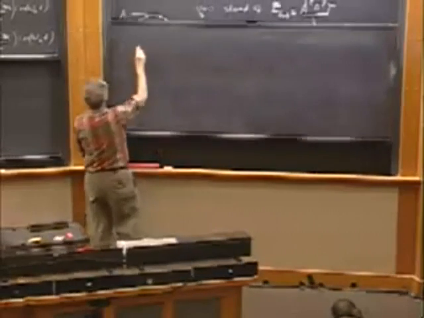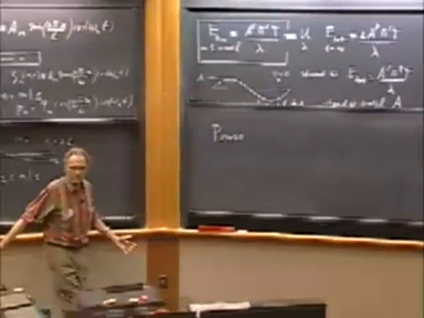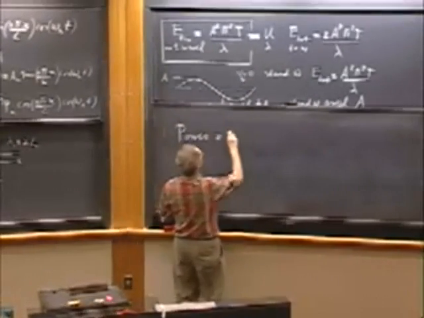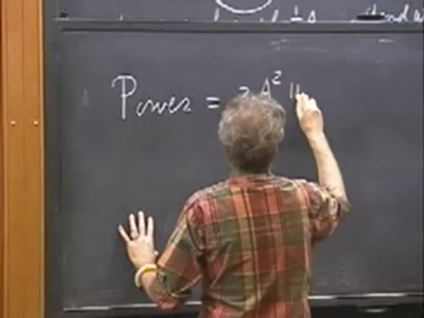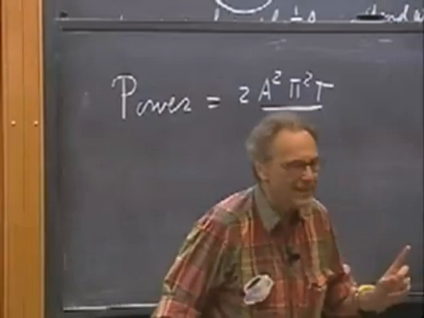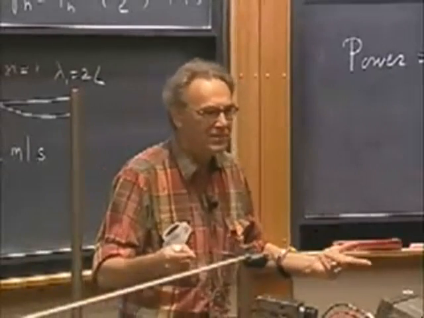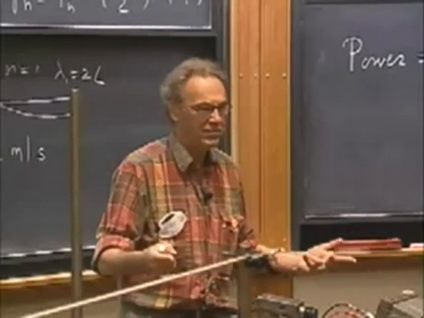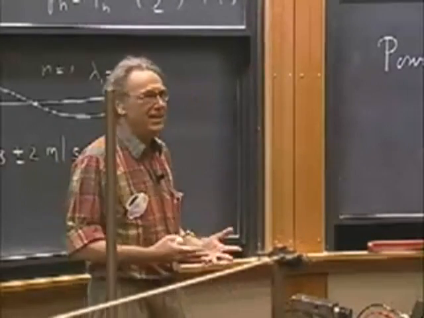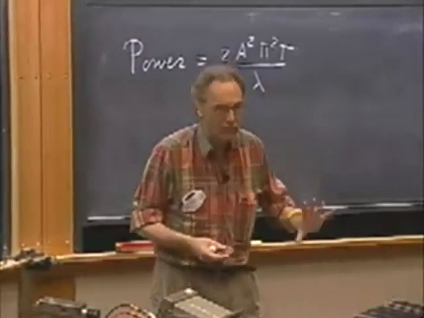And so I can now very easily calculate for you the power to generate a standing wave. That is utterly trivial, because the energy in the standing wave is 2A squared pi squared t divided by lambda, and all I have to do now is divide it by the time that it takes me to generate one oscillation. So that's the period of the oscillation, which is the same as 1 over the frequency.